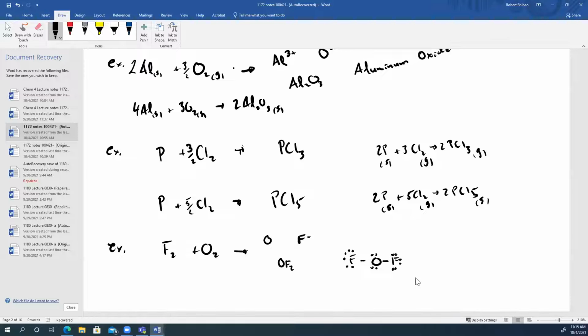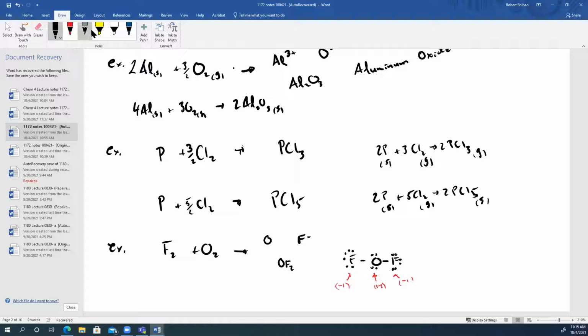We try to use lots of information to help us understand this better. In this case, oxygen is going to be +2 here. It likes to be -2, but fluorine's going to win. So fluorine wants to be -1, -1. That means oxygen's got to lose.